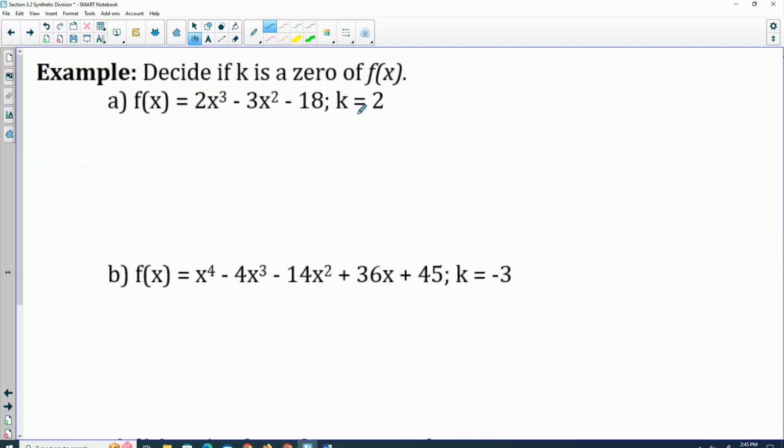All right, so if I want to decide if 2 is a 0, we have 2 options for doing this. Can you tell me one of them? Plug it in. And I heard someone else say synthetic, so those are the 2 options. I'll do both of them on these problems. So if I just put in a 2, what does that give you?